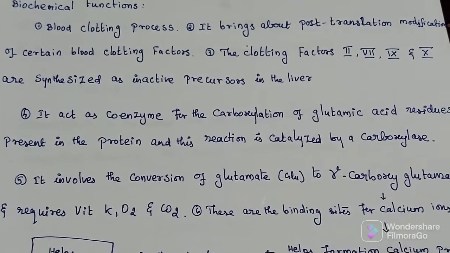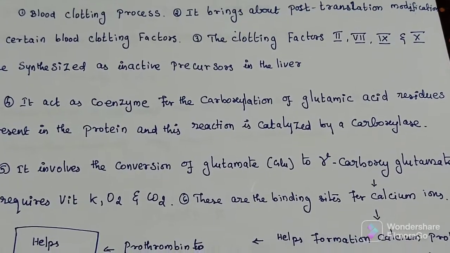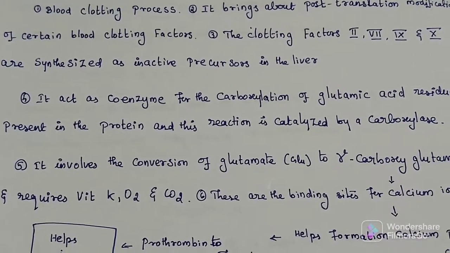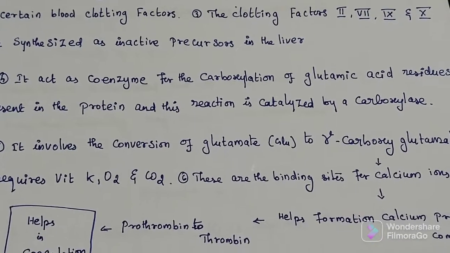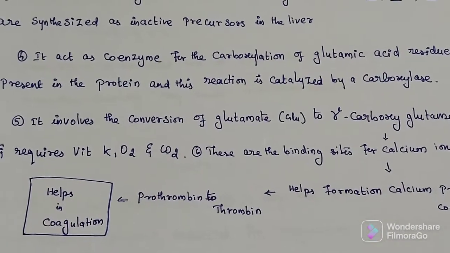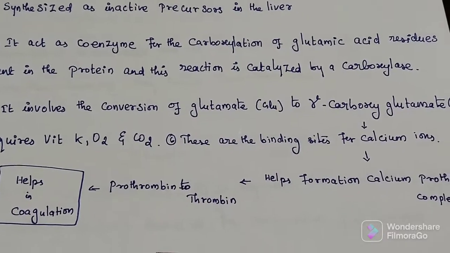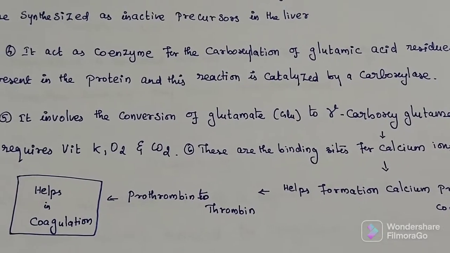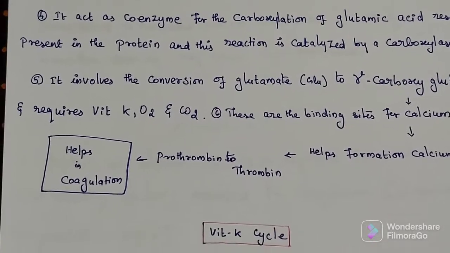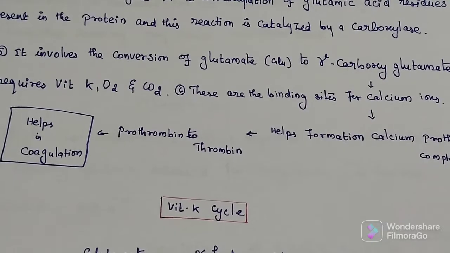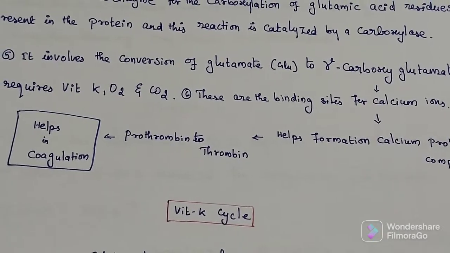It acts as a coenzyme for carboxylation of glutamic acid present in protein, and this reaction is catalyzed by carboxylase. It involves the conversion of glutamate to gamma carboxyglutamate. It helps to bind calcium ion.